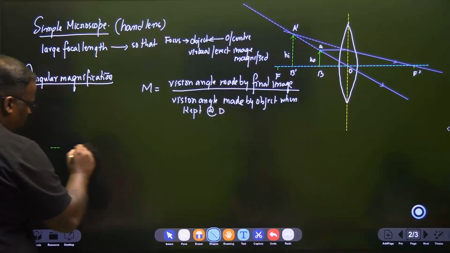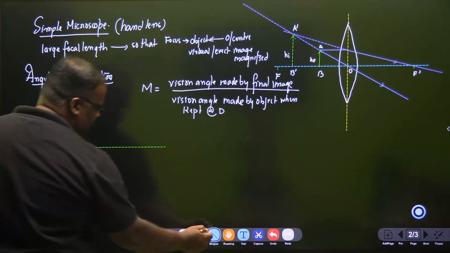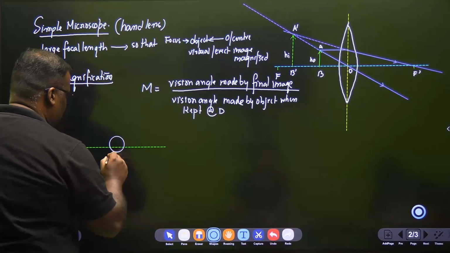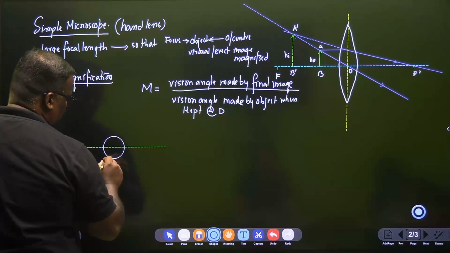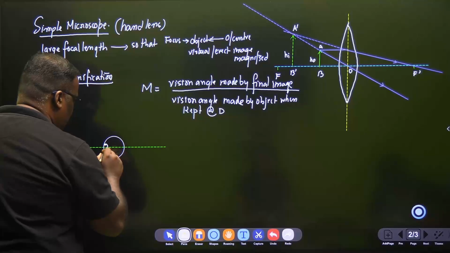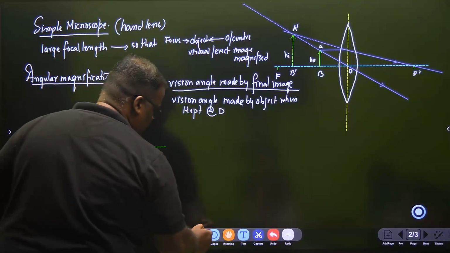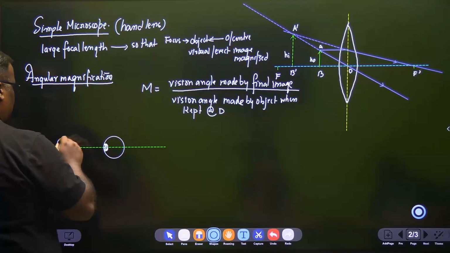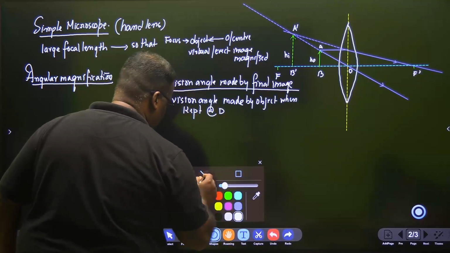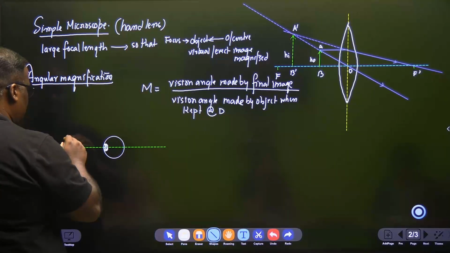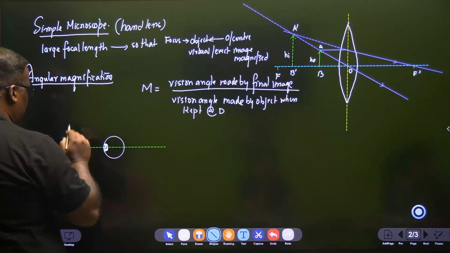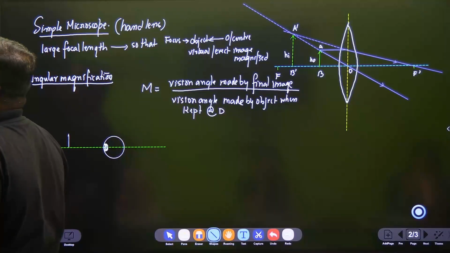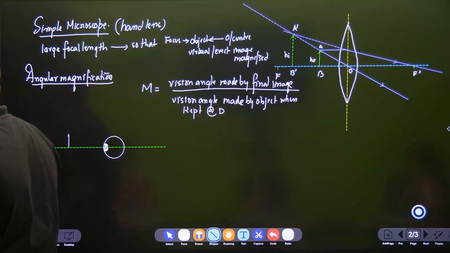So in order to appreciate the denominator, I have... There's some work going on.